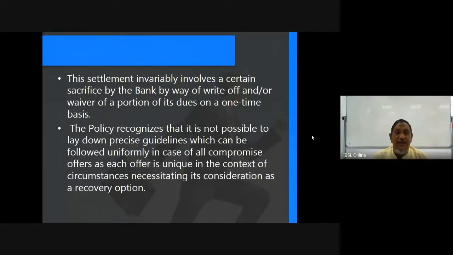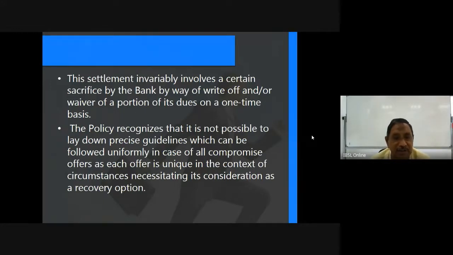This settlement invariably involves a certain sacrifice by the bank by way of write-off and/or waiver of a portion of its dues on a one-time basis.